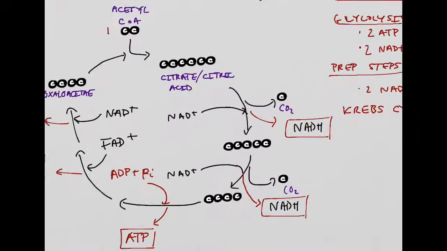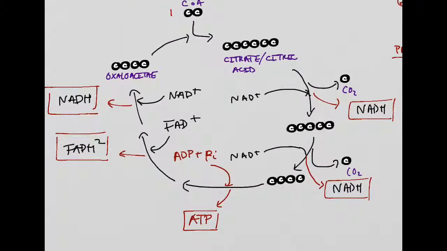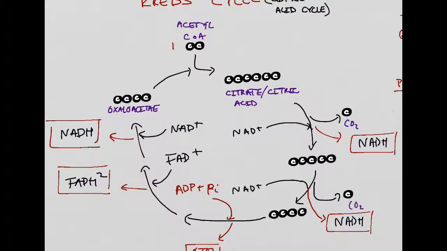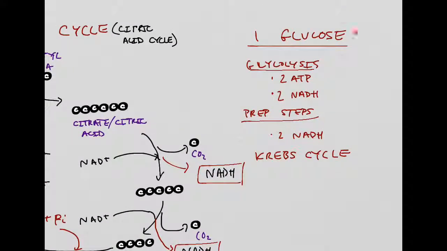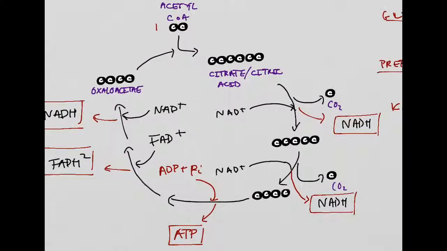for one turn of the cycle, we produce 3 NADH, as you can see here, 1 FADH2, and 1 ATP. So that's 1 turn. But as you know, for every 1 molecule of glucose, we're going to get 2 pyruvate and 2 acetyl-CoA. So you can imagine this cycle turns twice for every molecule of glucose.